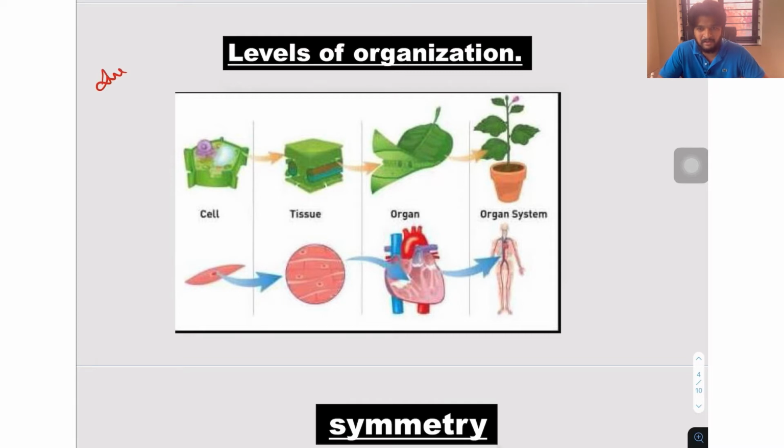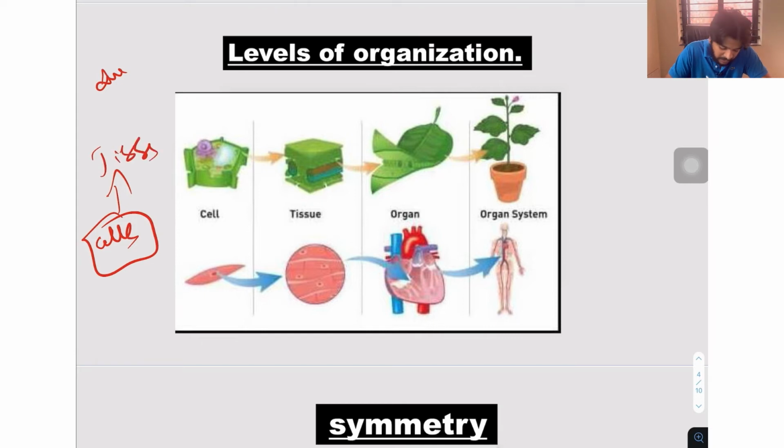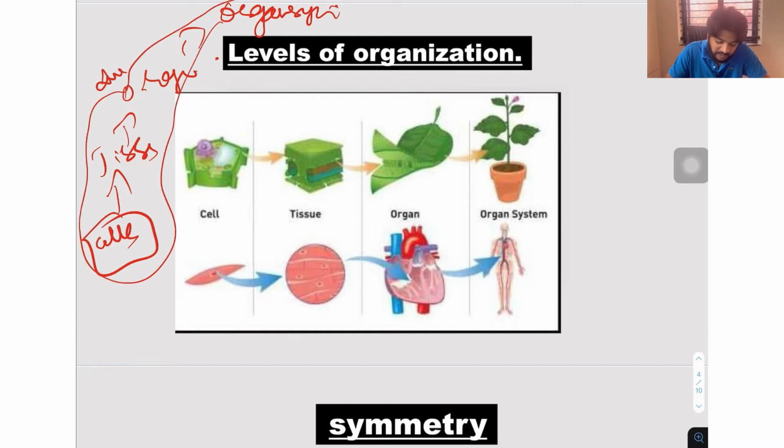Next we studied the tissue level of organization and the organ system level of organization. Like that, in animals also, there are organisms at the cellular level of organization. Some organisms are at the tissue level, and some are at the organ and organ system level of organization.